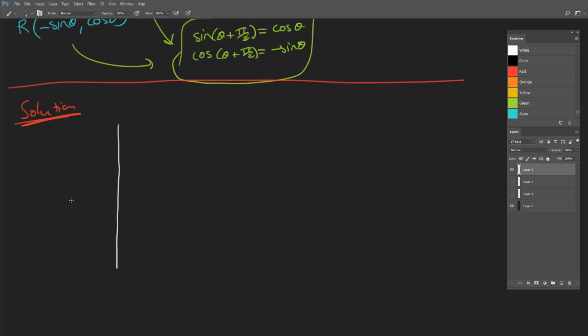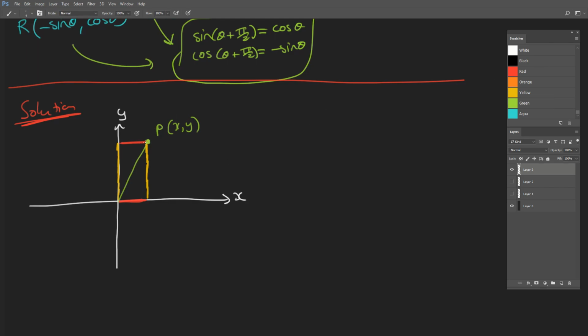So I'll redraw it here. This is the y-axis, that's the x-axis. This will be the point P with coordinates x and y, which are known. Now I'll draw a rectangle here, and I'll put the x coordinates in red and the y coordinates in yellow.